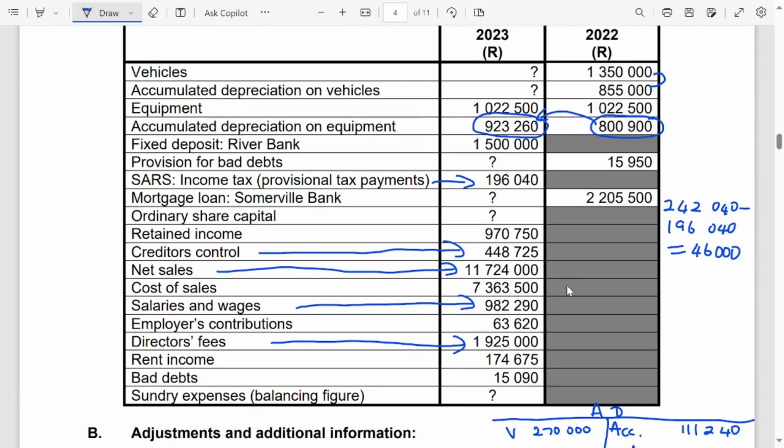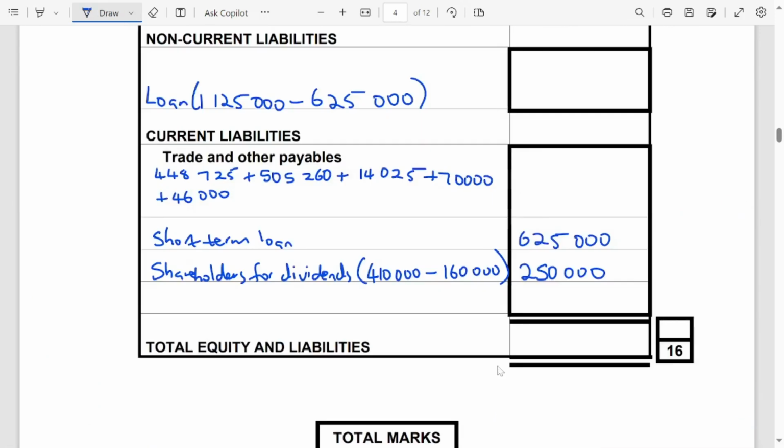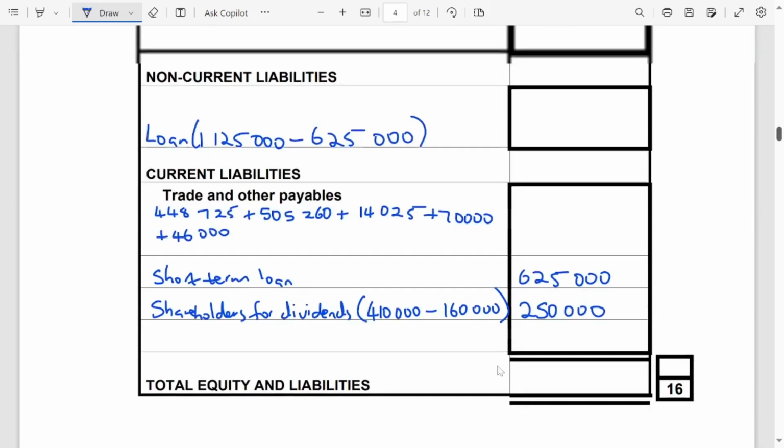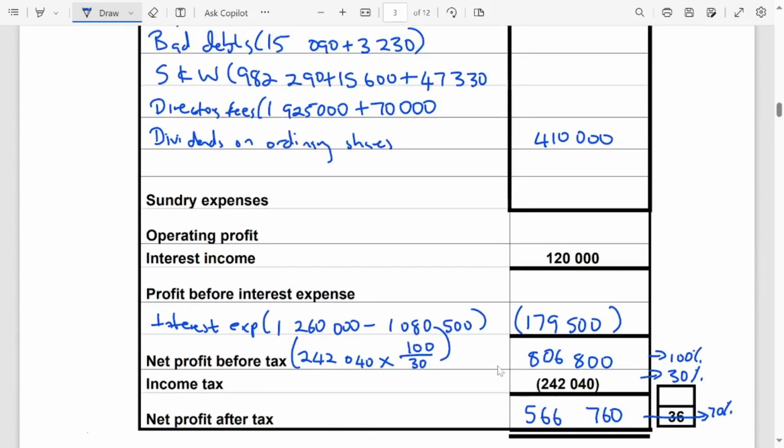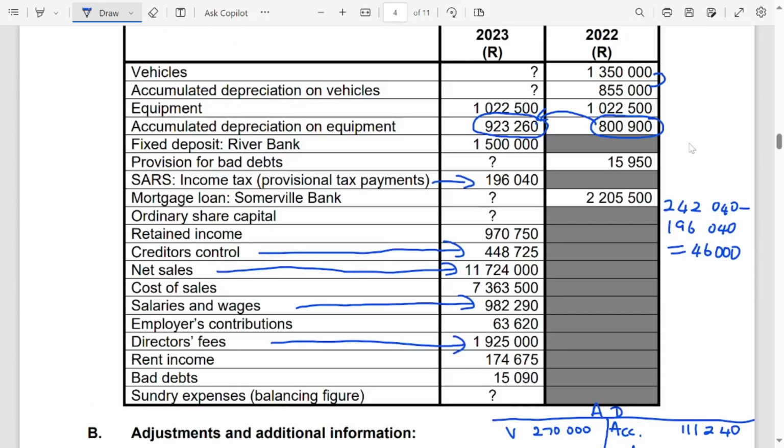So let's go and see. He said the salary expenses is a balancing figure in the income statement. So let's also check if there's something that you still need to record in the income statement. You can see that you have 62,620 employers' contributions.